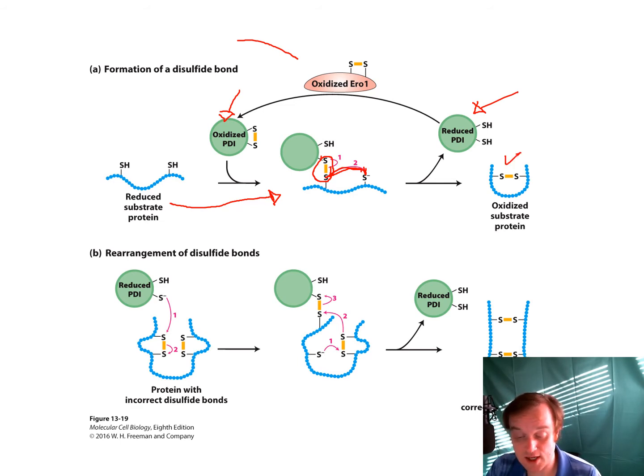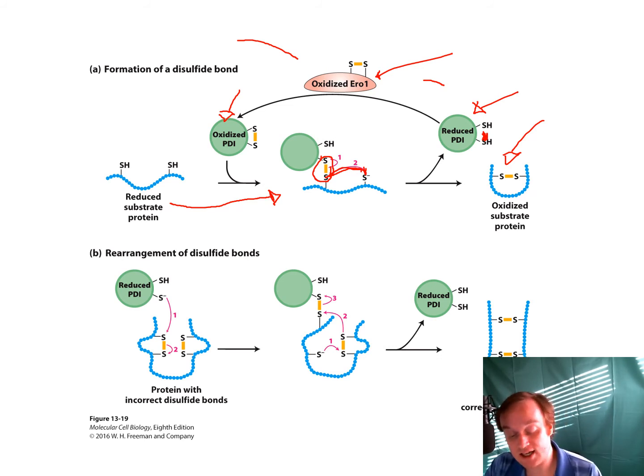And as you can see, we then have a disulfide bridge across these two cysteines, this oxidized substrate protein. And then this oxidized ERO1 will come in and reintroduce this disulfide bond in PDI and allow it to continue to keep doing this. So it recharges. It's an enzyme, so it's able to do the process over and over again.